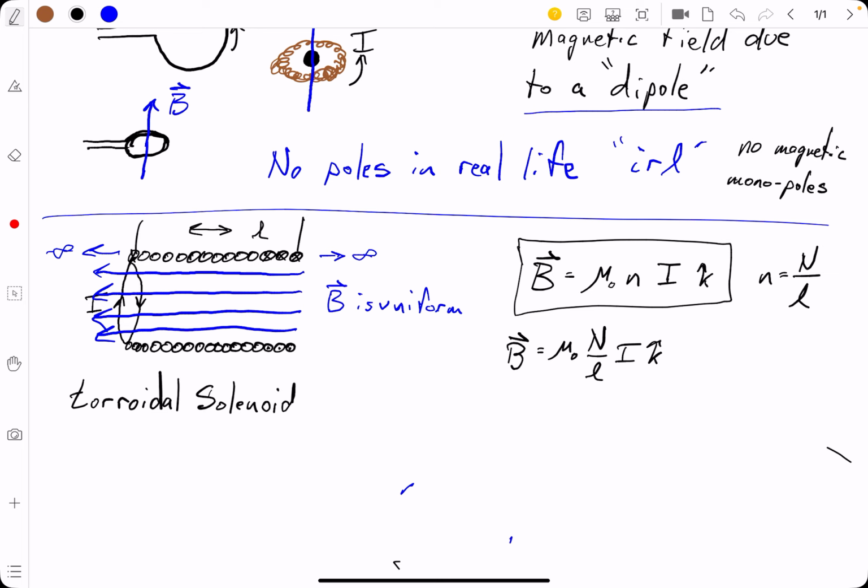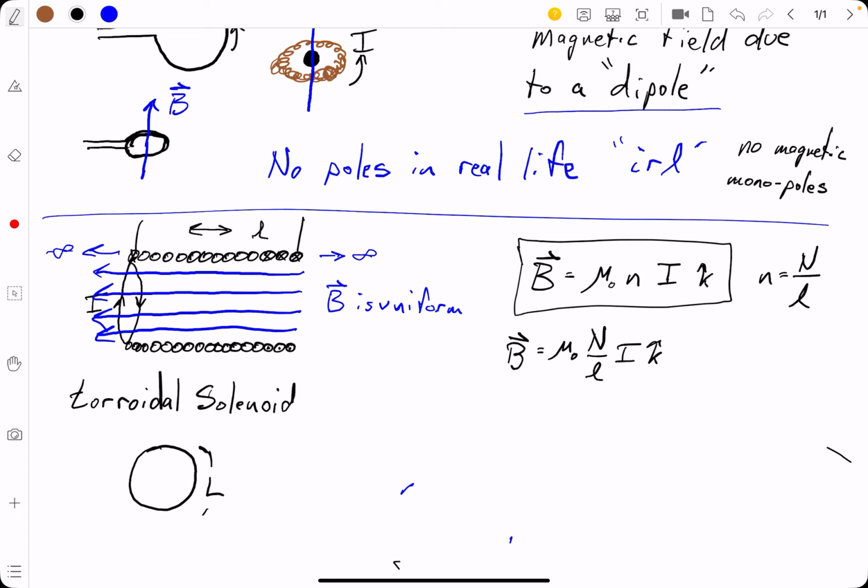Now, I don't like the L thing, but let's go like this and say that there's some circumference L about our solenoid.